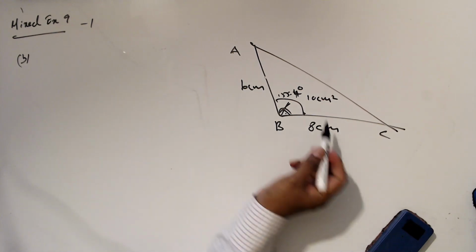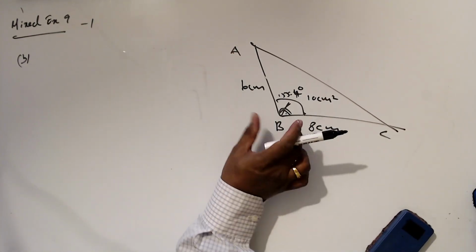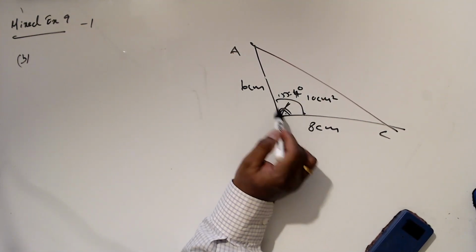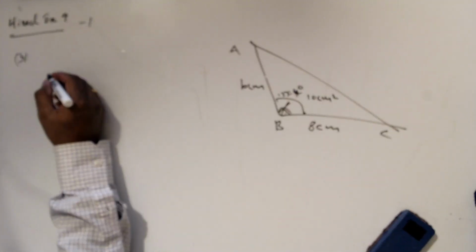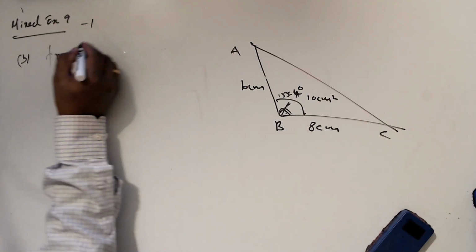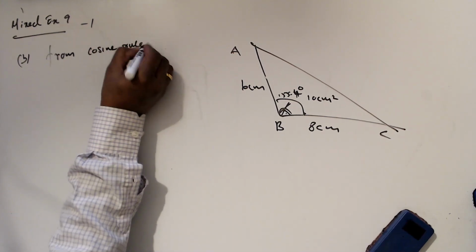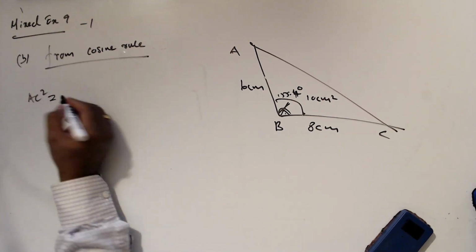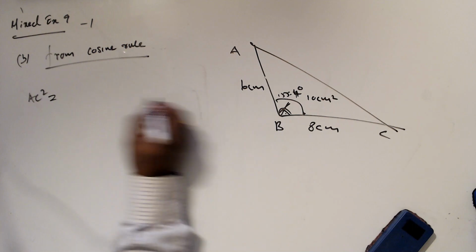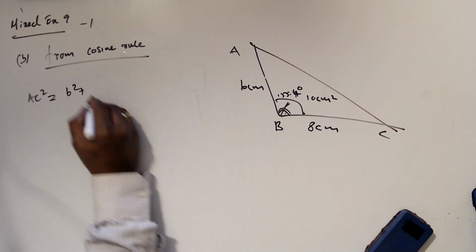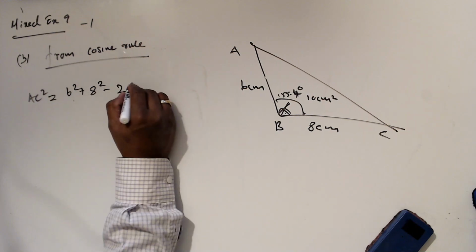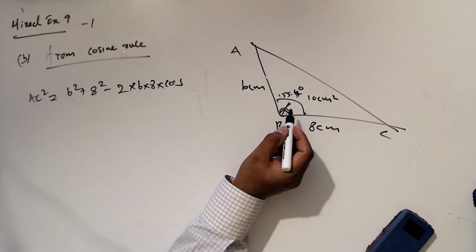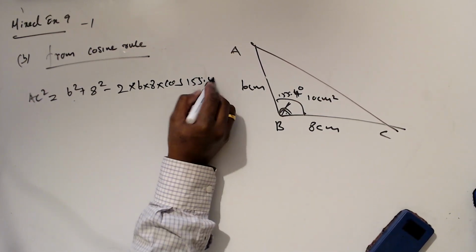Part B, we need to find the AC. Now we know two lengths, and we know the angle. So we can apply the cosine rule. From cosine rule, AC square equal AB square or 6 square plus BC square 8 square minus 2 times those two, 6 and 8, and cos alpha value is 155.4.